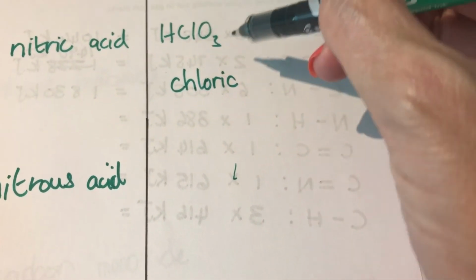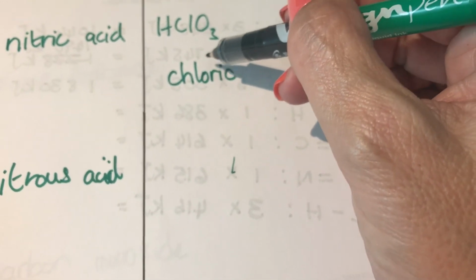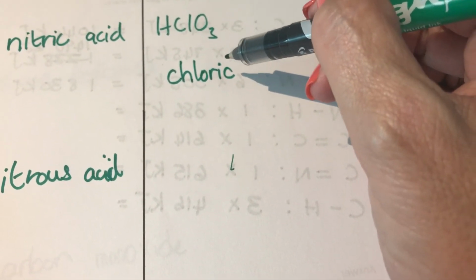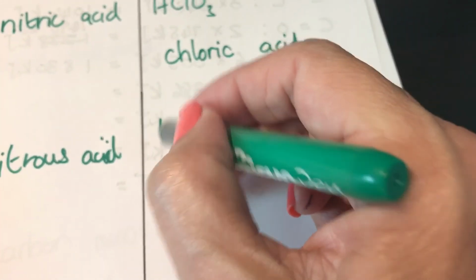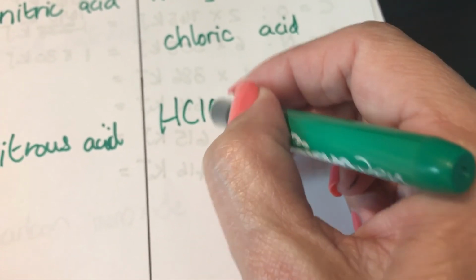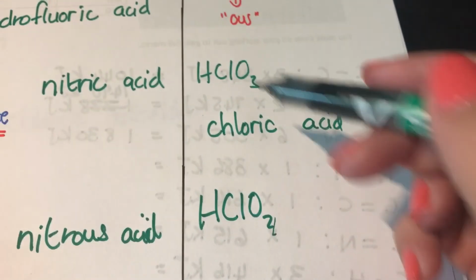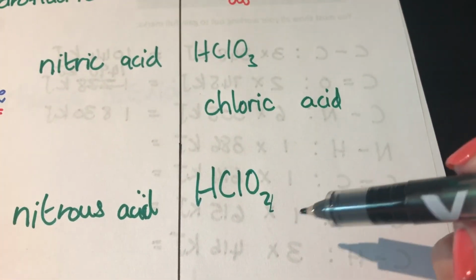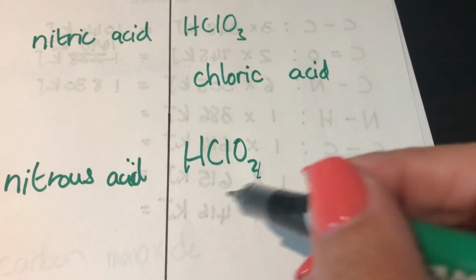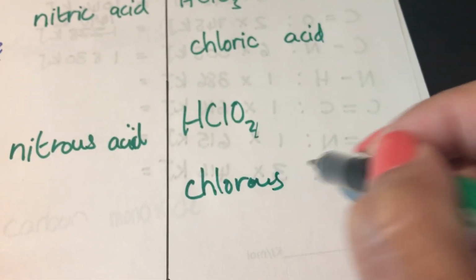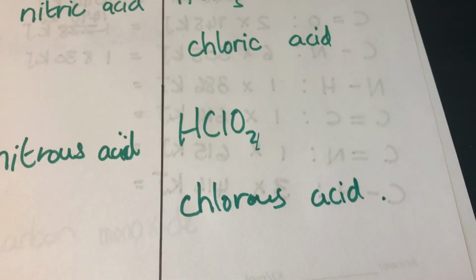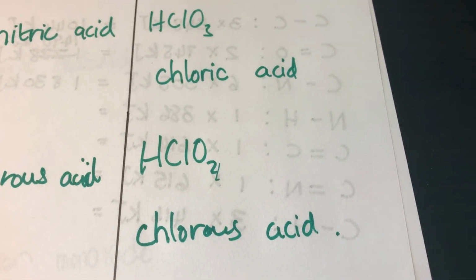Chlorate becomes chloric, the ATE becomes an IC, chloric acid. If it's HClO2, so this is chlorite. Because this is an ITE, this will be chlorous acid. Right, so that is the naming of acids.